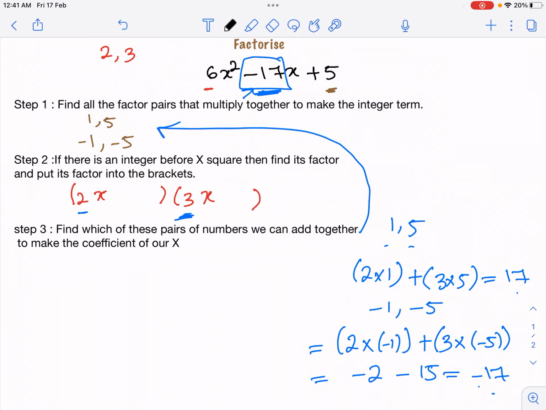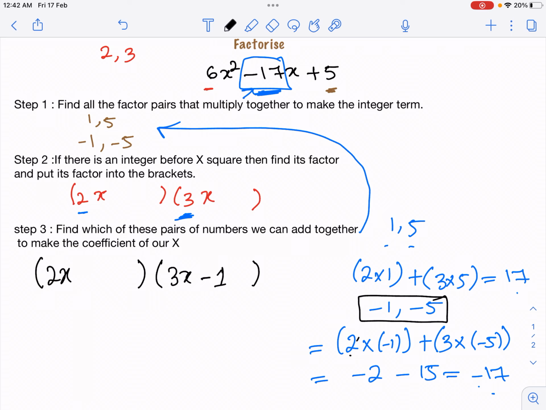So we can say minus 1 and minus 5, and we need to plug them into our brackets. Let me write this first. 2x, since we multiplied negative 1 with 2, we put negative 1 in the first bracket. The reason is that when we multiply these two brackets, 2x is going to multiply by negative 1.